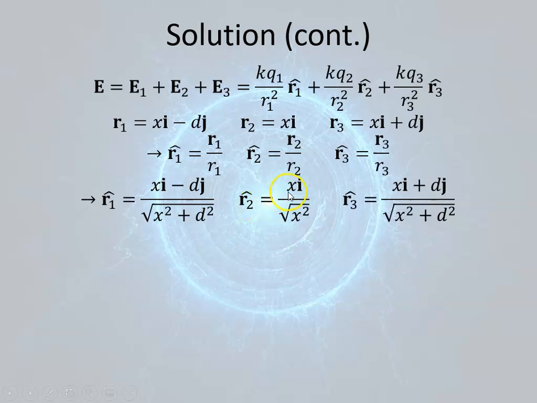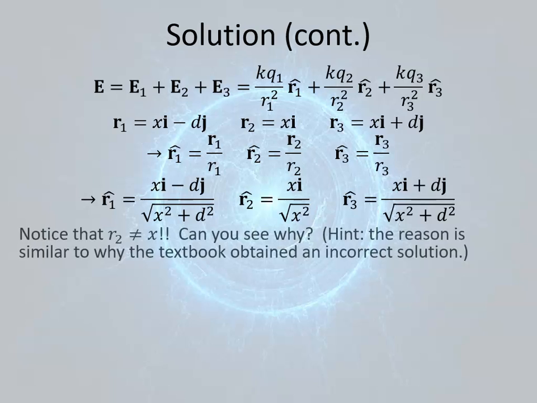So it's not just i, it's x divided by the absolute value of x. In other words, if P is located on the positive x-axis, that unit vector would be plus i. If P is located on the negative x-axis, that unit vector would be minus i. So be real careful to make sure that you are taking into account all possibilities.